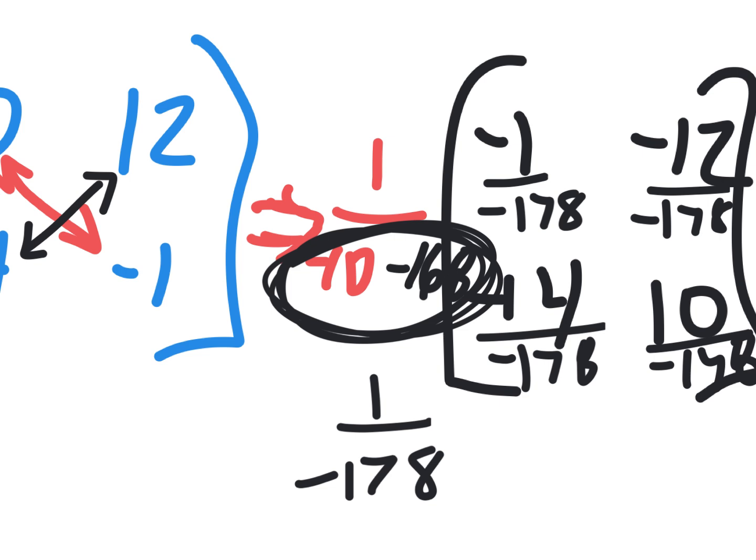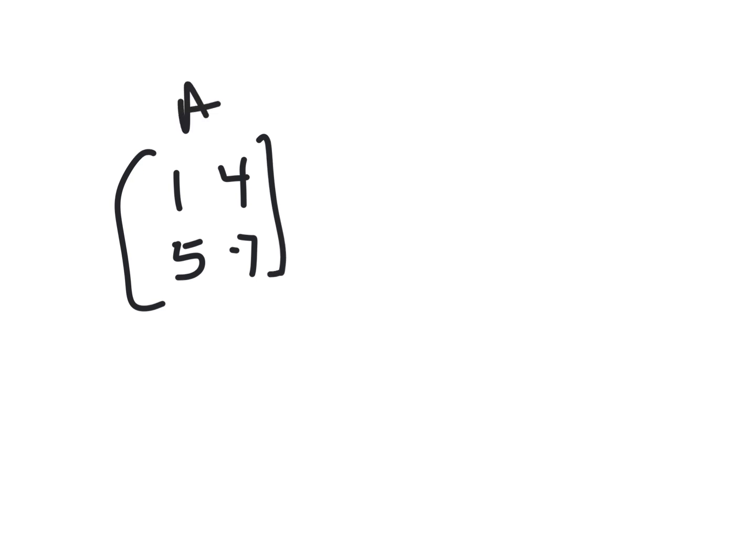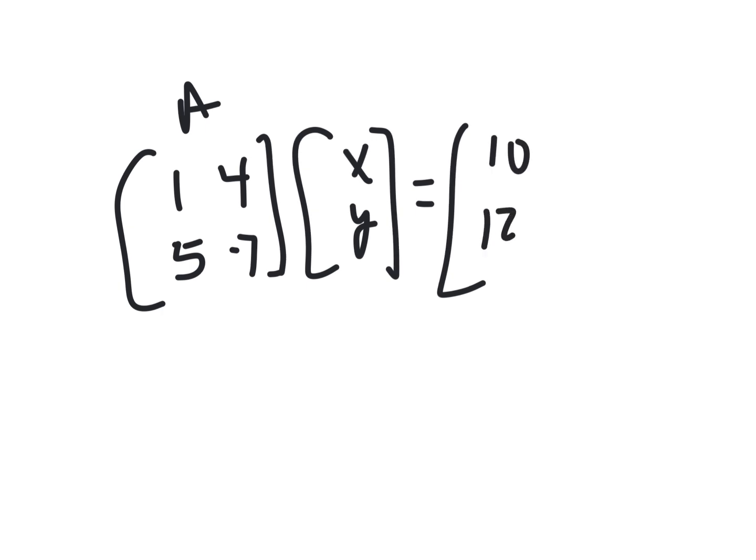All right. What else? Well, don't even say it. Right. Don't do it yet. If that's matrix A, and this is matrix B, what would you do to get the final answer?